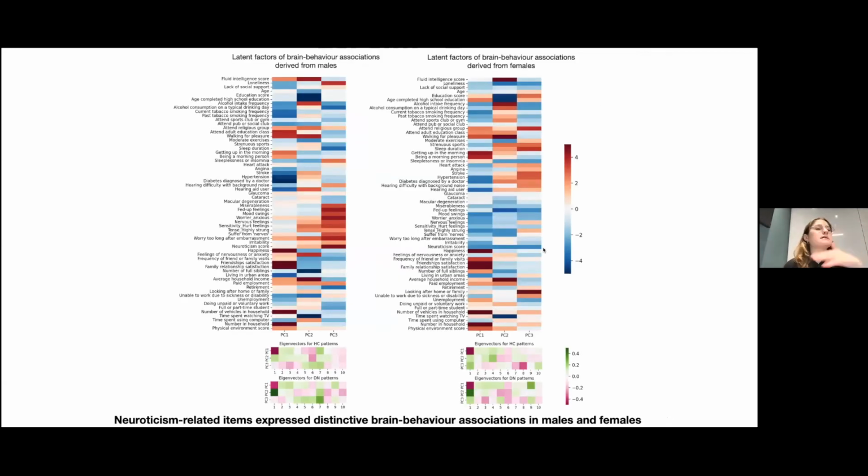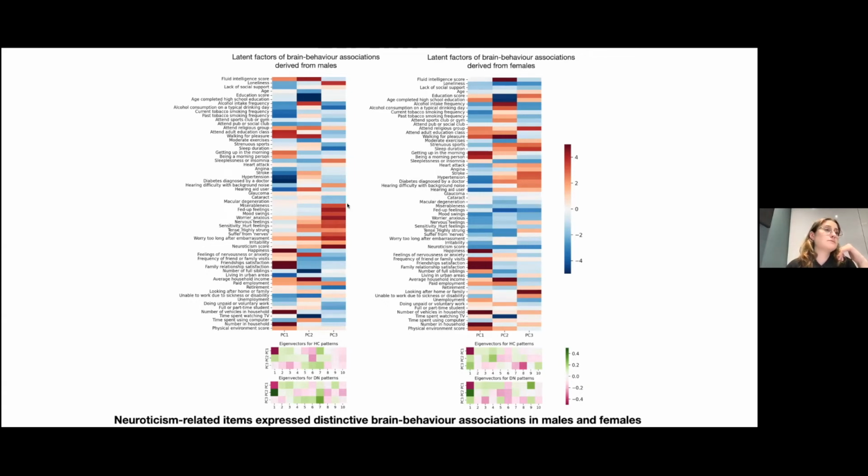Then I conducted this analysis in male and female separately, just to see if the types of risk factors emphasized on each of the principal axes of brain behavior association would be different. We see that for the first two axes, it's mainly the same set of risk factors: the social phenotypes on the first and the socioeconomic determinants on the second. But this neuroticism-related set of risk factors is not as expressed on the third axis in females.